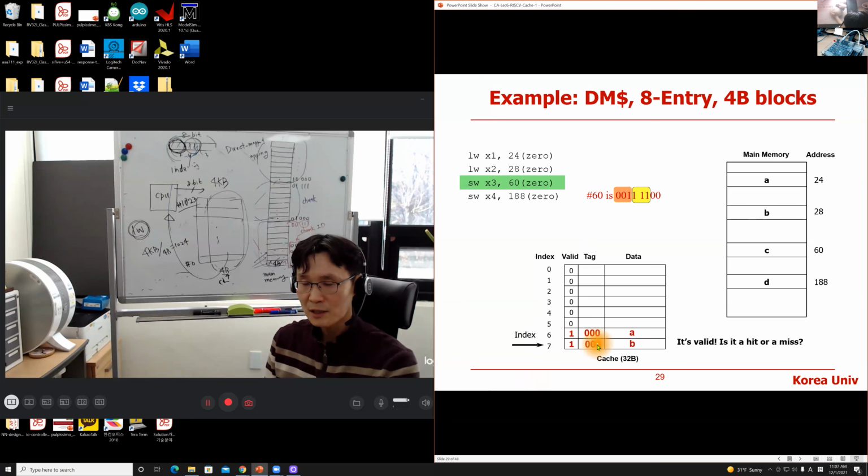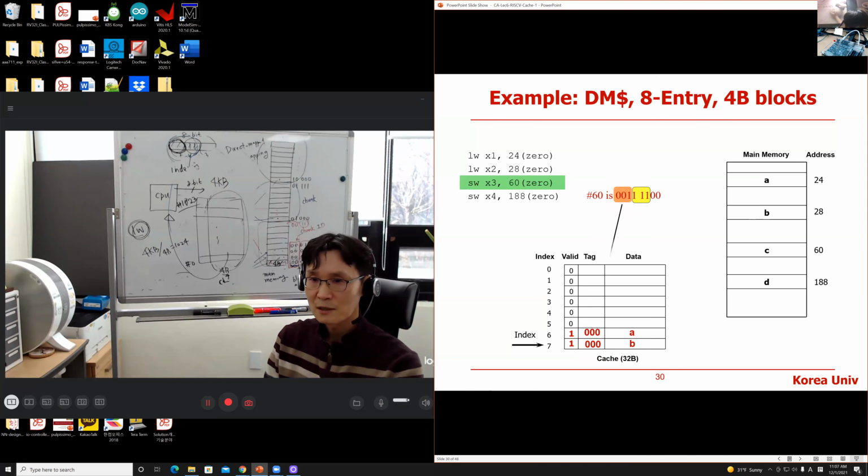This cache entry is holding data from chunk ID 000, but you are talking about chunk ID 001. So the hardware will compare the tag information against that 001. These two are different. The tag does not match.